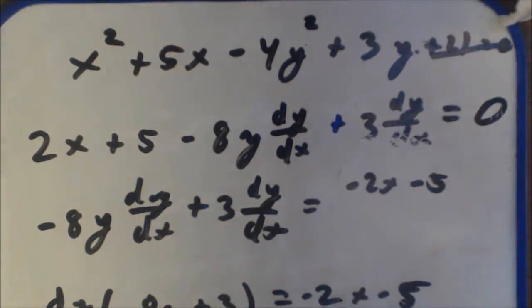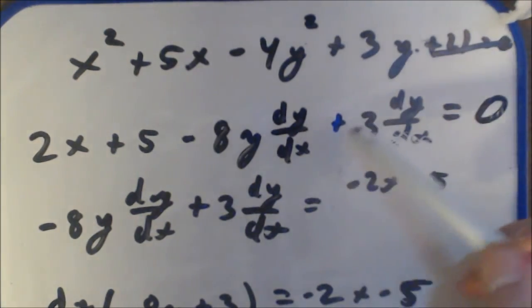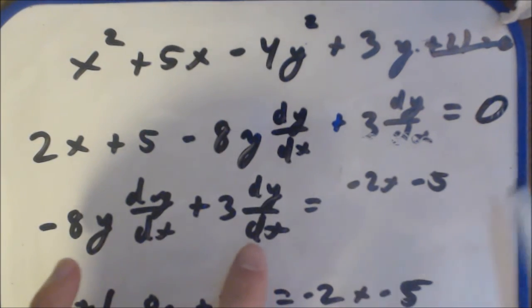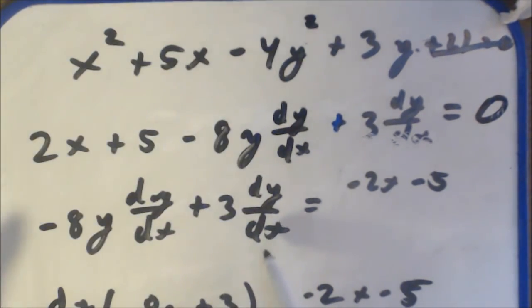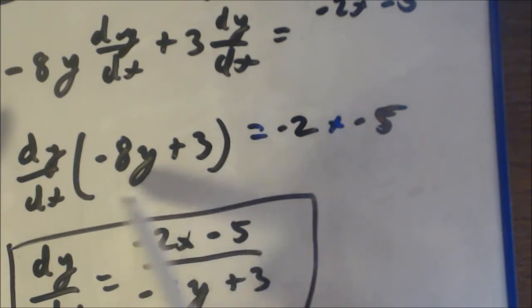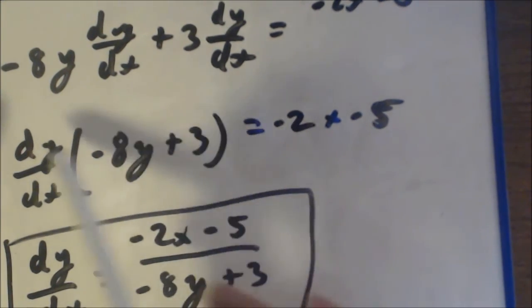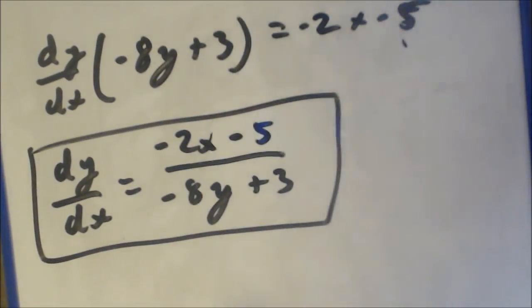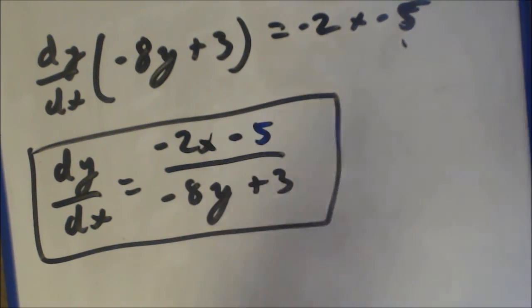Then you bring the non-dy dx terms to one side, factor out the dy dx, and divide by whatever was factored out, and you're left with the answer. So that is implicit differentiation in a nutshell. It could definitely get more complicated, but I just wanted to show some simple problems. Yeah, that's implicit differentiation.